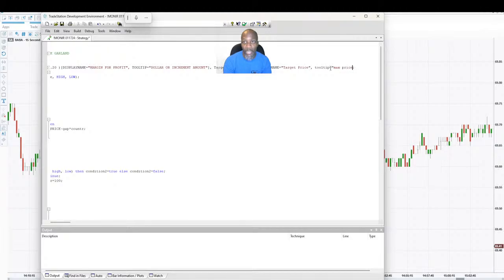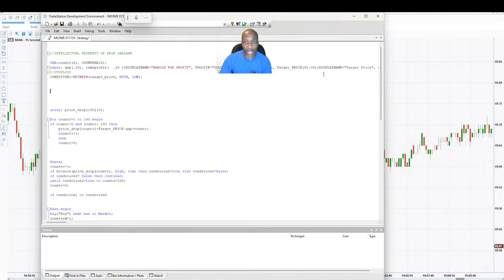Max price. Now keep in mind, do you have a minimum you want it to be? This max price, we need to close this bracket and target price.